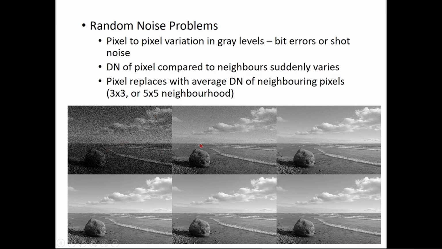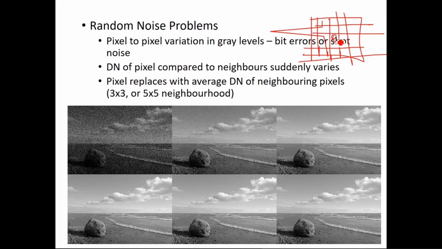This is corrected again similar to resampling. The pixel is replaced by the average DN of the neighboring pixels. You will consider a 3 by 3 neighborhood. Suppose this is my pixel under consideration. Its DN value might be largely different from its surrounding pixels, like you can see in this figure, where there is a lot of noise.